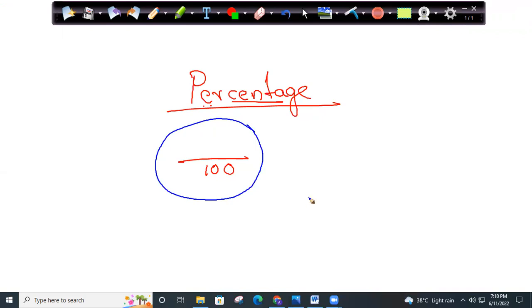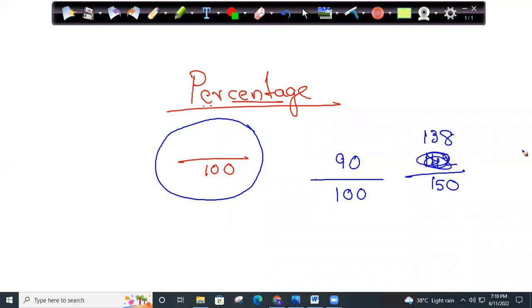Simple logic. Suppose one student got 90 marks out of 100, other student got 142 marks out of 150. If I want to know who has performed better, it might not be so easy for you to compare, because one student's exam is for 100 marks and the other student's exam is for 150 marks.